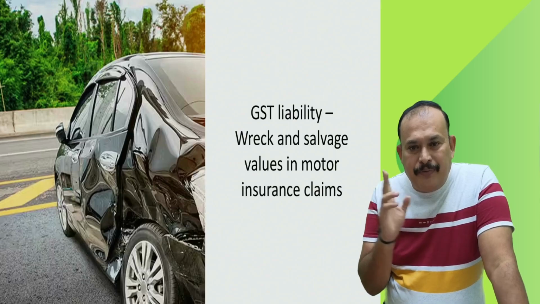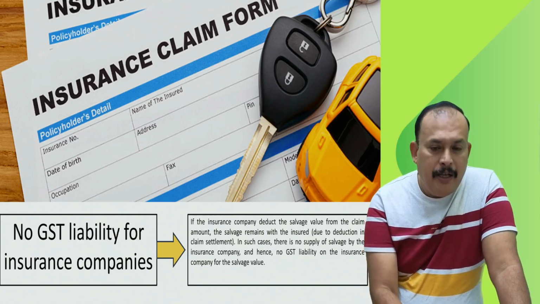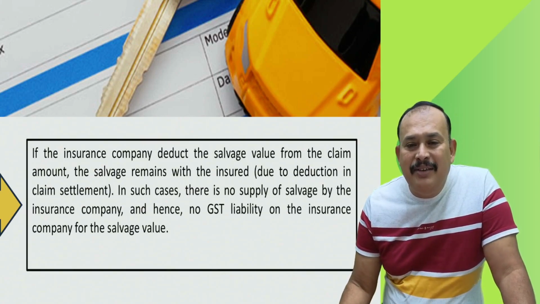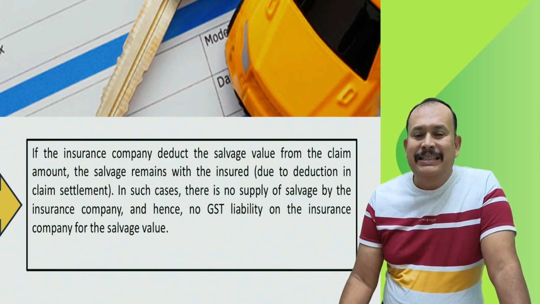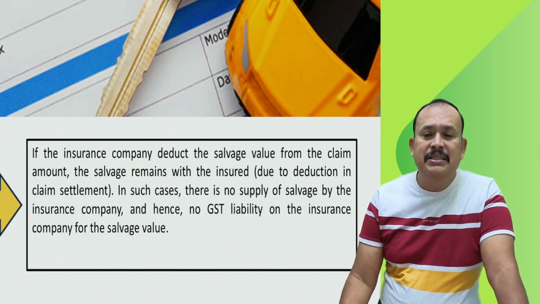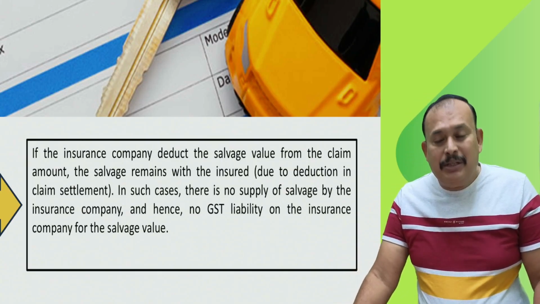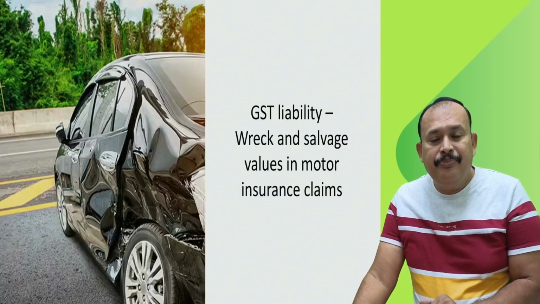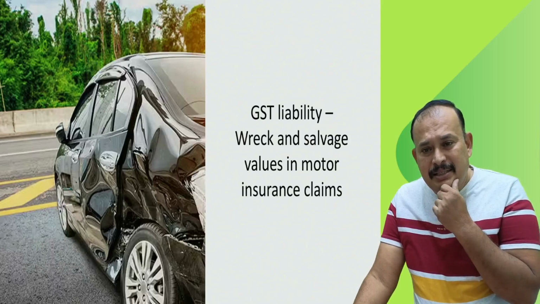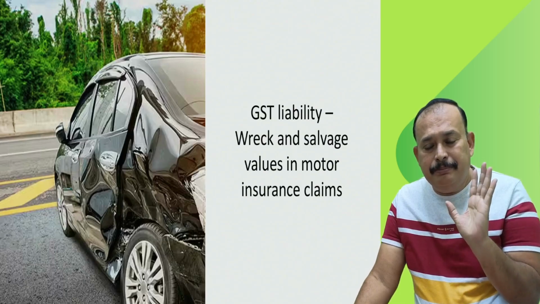There are two types of insurance coverages. In the one case, if the insurance company deducts the salvage value from the claim amount, the salvage remains with the insured due to deductions in claim settlement. That means to say that now car damage has taken place, my insurance company says, hey Mr. Insured, we will pay the compensation.